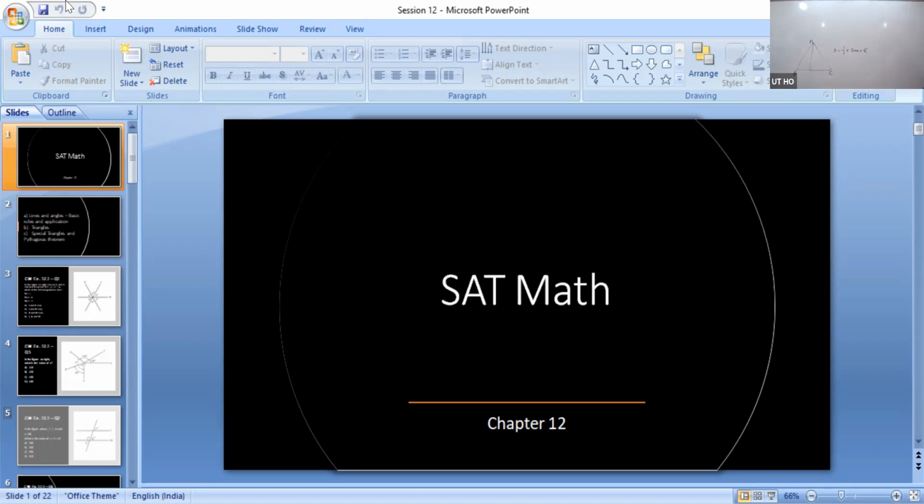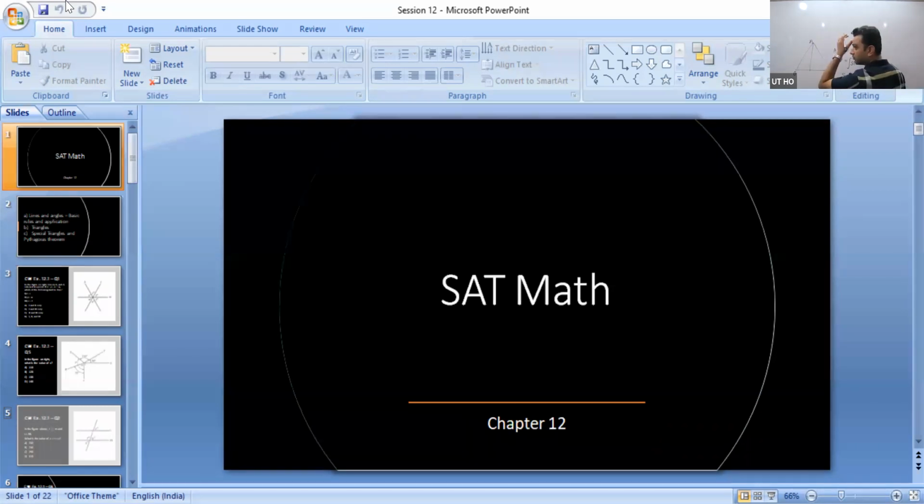Okay, clear? One more formula is Heron's formula. Have you heard of Heron's formula? The area will be equal to the square root of s(s minus a)(s minus b)(s minus c), where s is the semi-perimeter.